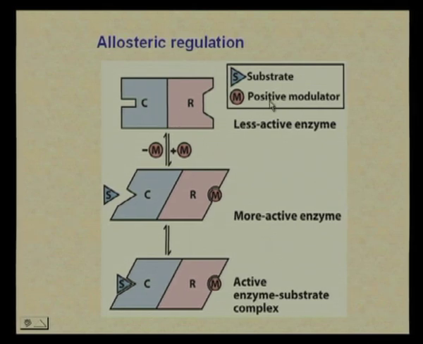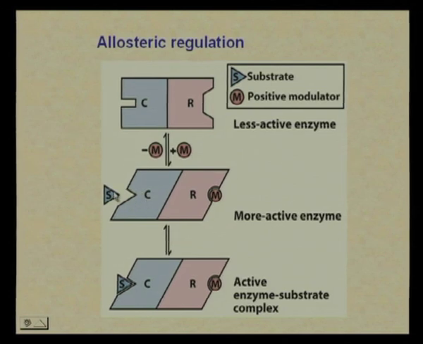As soon as we have a modulator fit into this, there is an induced fit of this particular subunit that will link to the modulator. Once this linkage occurs, we have a conformational change here. What happens to the conformational change then?